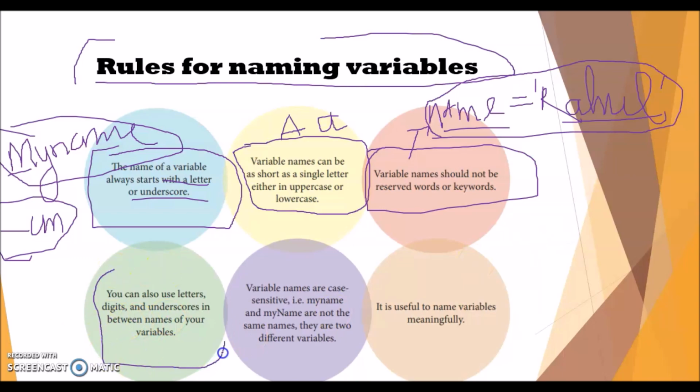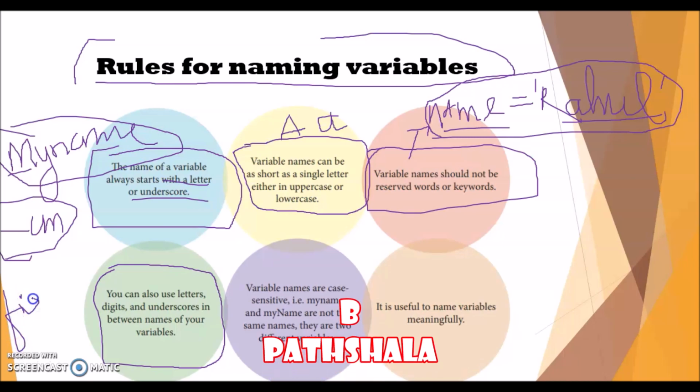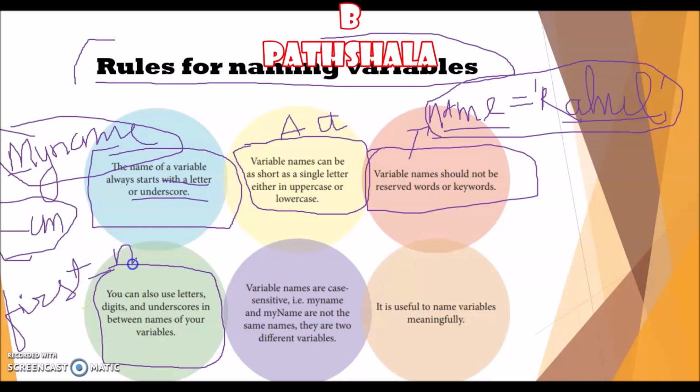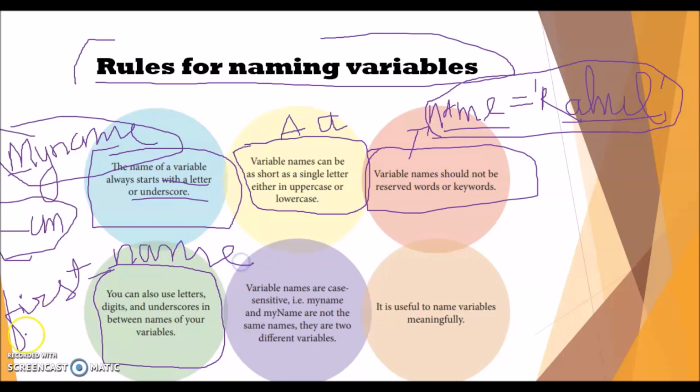Next, you can also use letters, digits and underscores in the names of your variables. If I want to use two words, for example, if I write first underscore name, this is a valid variable because we are using the underscore between these two words.